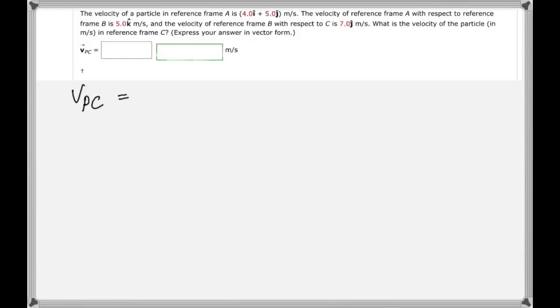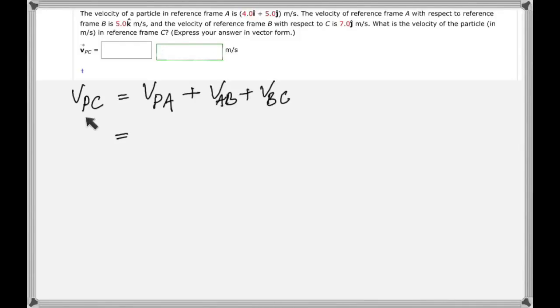When you remember that velocity of the particle in frame C is nothing but velocity of the particle in frame A plus velocity of frame A compared to B plus velocity of frame B compared to C.